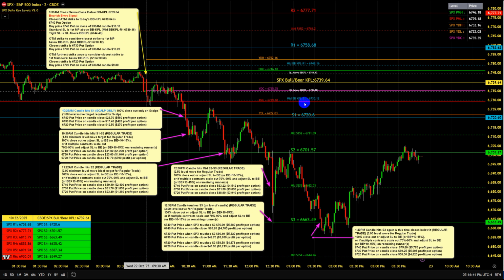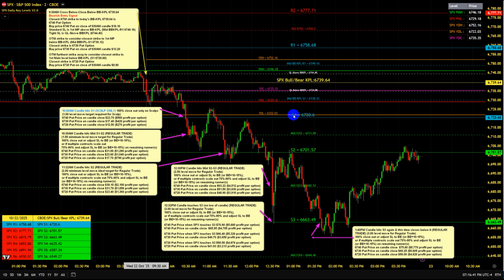So what is the furthest out of the money one you can consider? The furthest out of the money one that you can consider is the one which is 1 full level away in the direction that you're trading. So the shortest out of the money is the half level away in the direction you're trading, and the furthest out of the money that you can consider is 1 full level away.